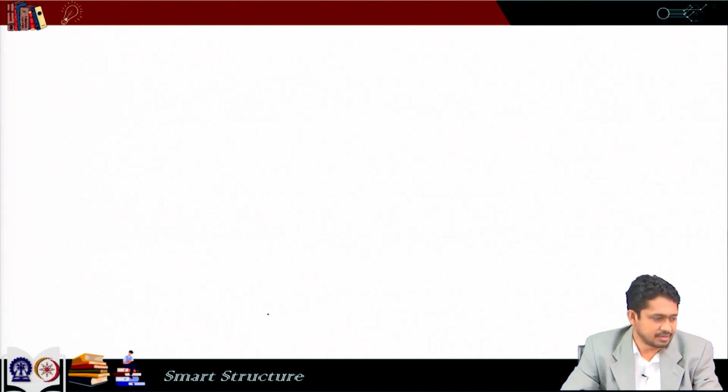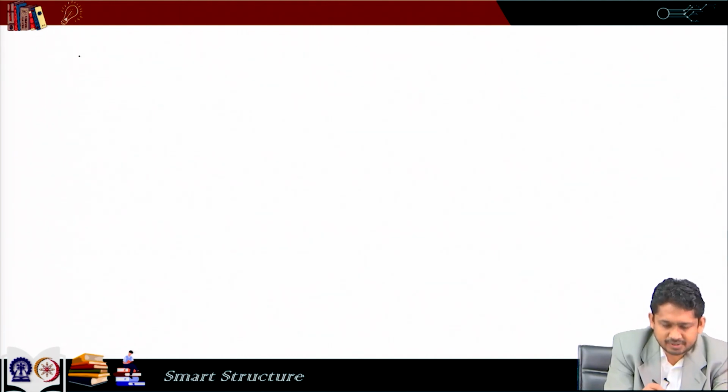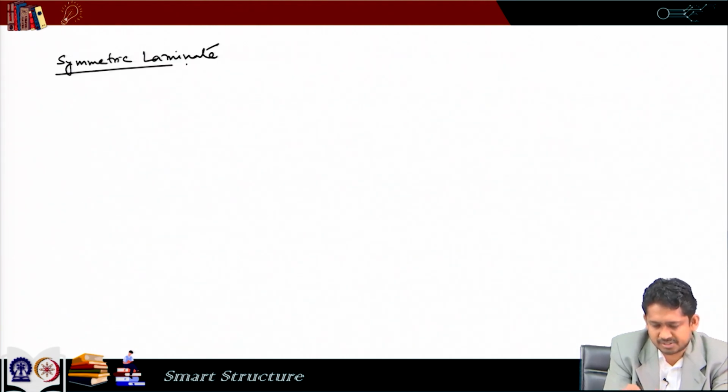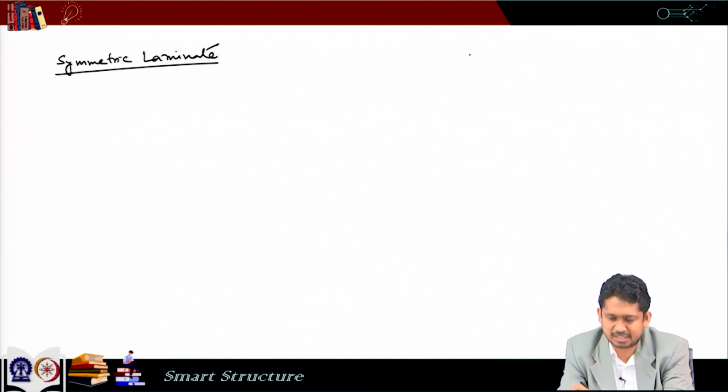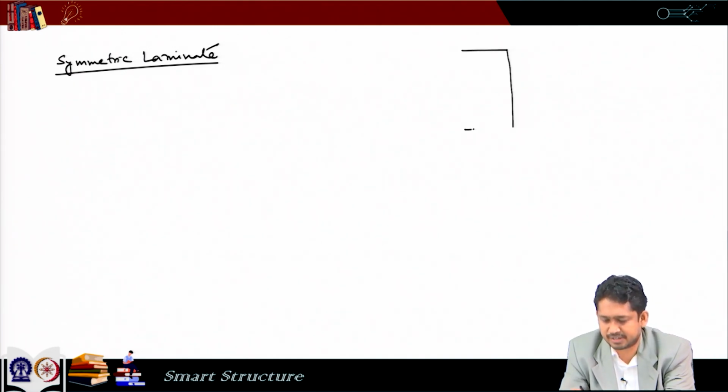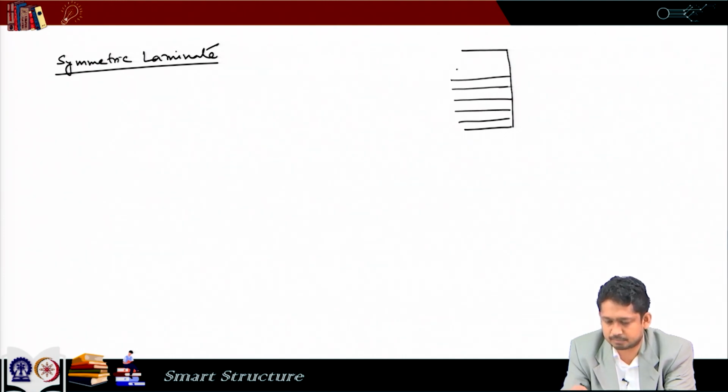non-desirable. So, let us look into a symmetric laminate. A symmetric laminate, as the name suggests, has the ply orientation symmetrically placed. So, again let us imagine that we have something like this.